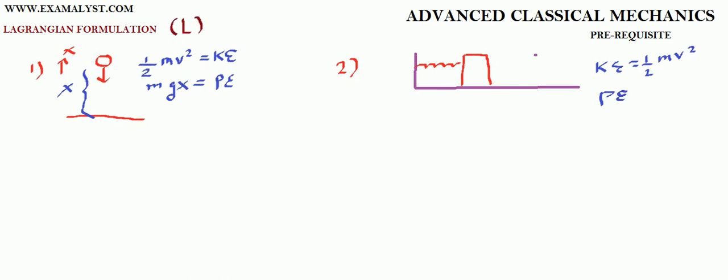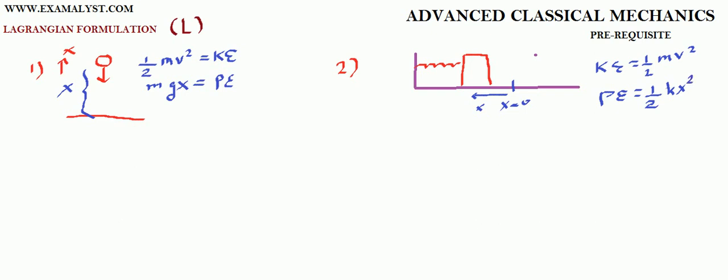Remember, what is the potential energy? If the object was at equilibrium at x equals 0, and if it is stretched by a distance x or compressed by a distance x, then the potential energy in the case of a spring mass system is half k into the distance of compression or expansion, whatever you say, or stretching, square.